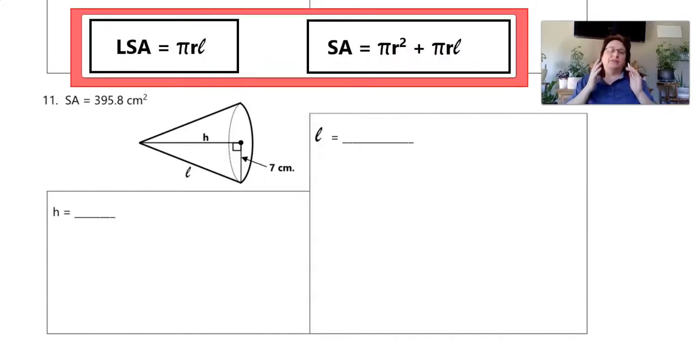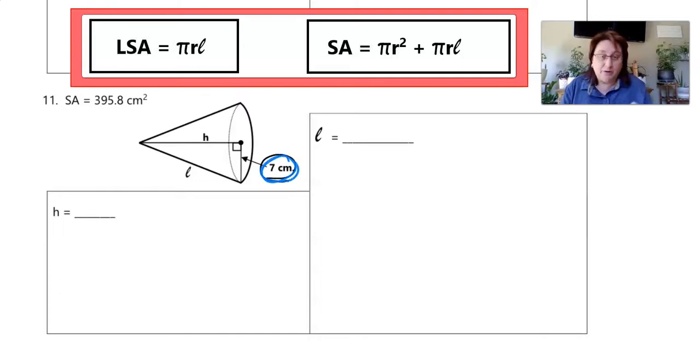Guys, if you look at the formulas for surface area and lateral surface area of a cone, you'll notice they include pi, the radius, and the slant height. So we can say, wait a minute, we already have the radius.